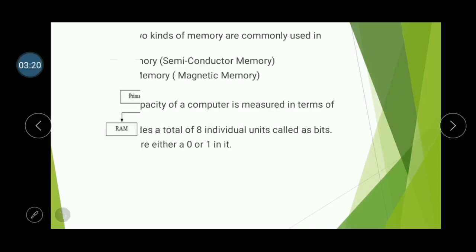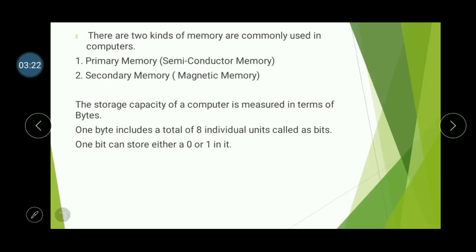Let us discuss them one by one. There are two kinds of memory commonly used in computers. One is primary memory, that is semiconductor memory, and the second is secondary memory, that is magnetic memory.